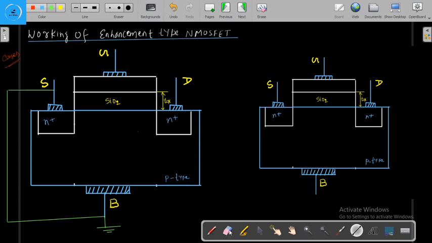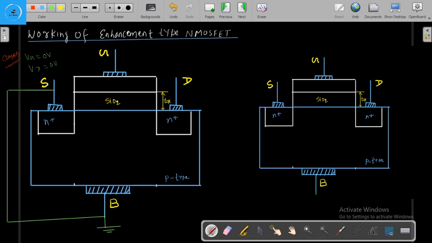Now in the first case, I assume that VG equals 0 volt. We are not applying any voltage on the gate, we are not applying any voltage at the drain, and we are also not providing any voltage to the source. That's why the source is connected to the body and it will be at ground.